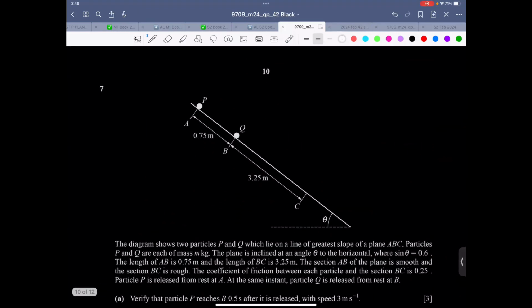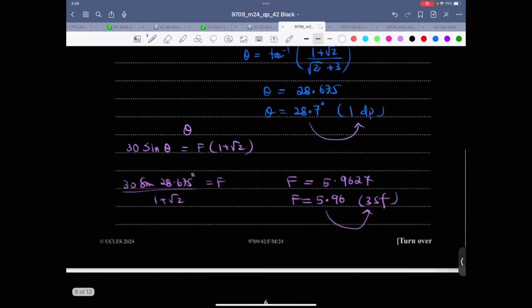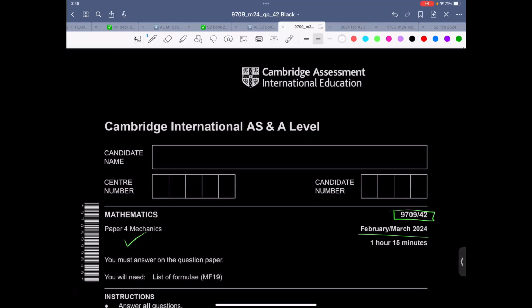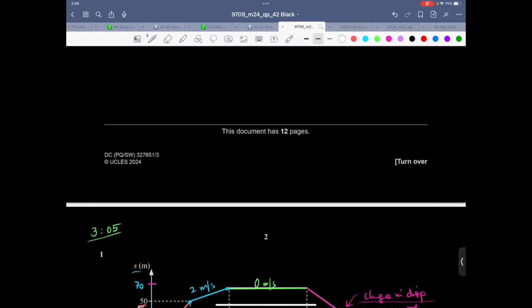Now comes question number 7. And usually we know that question number 7 requires a lot of time. Now remember, we started at 3:05 and then I took a water break. So let me just double check this. So 3:05 and this is 3:48 right now. So 3:05 till 3:48 with a short break in between.